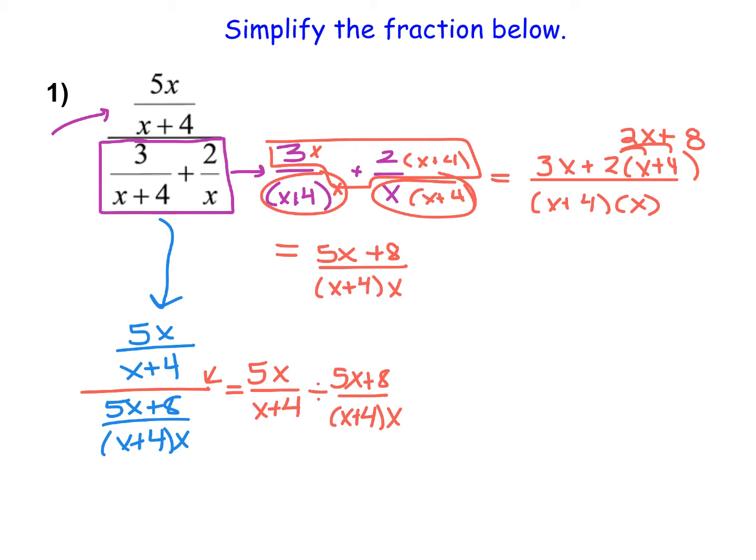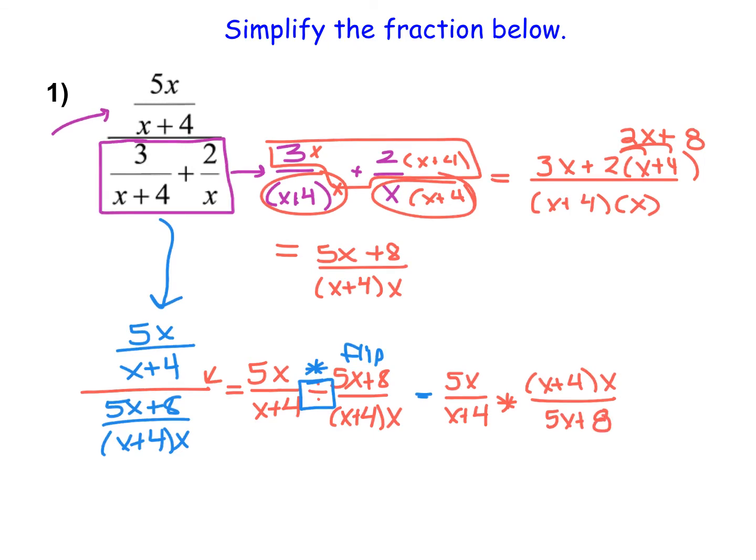Now I know that I can rewrite any division problem into multiplication by multiplying by the flipped version of the second fraction. So here this is going to become 5x over x plus 4 times x plus 4 times x in my numerator, and then 5x plus 8 in my denominator.